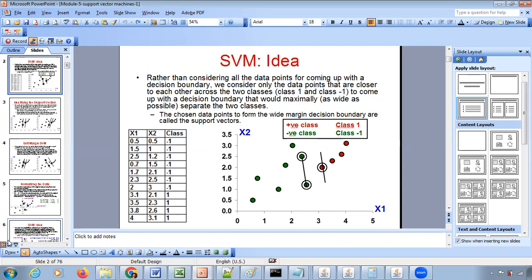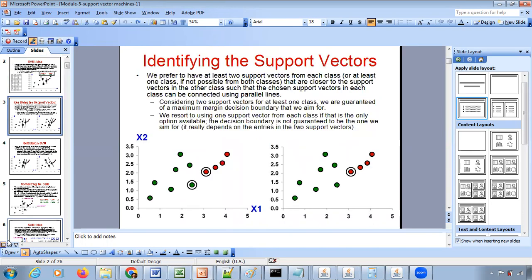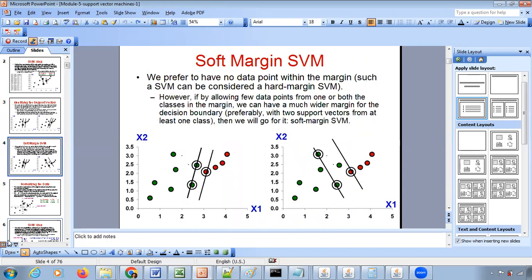We need to visualize the data and choose the support vectors in such a way that we can form a maximum margin decision boundary. So if you go for these two data points as support vectors in the green class, you're able to have a much larger margin for the decision boundary compared to this one. And that's fine to have in a support vector machine.